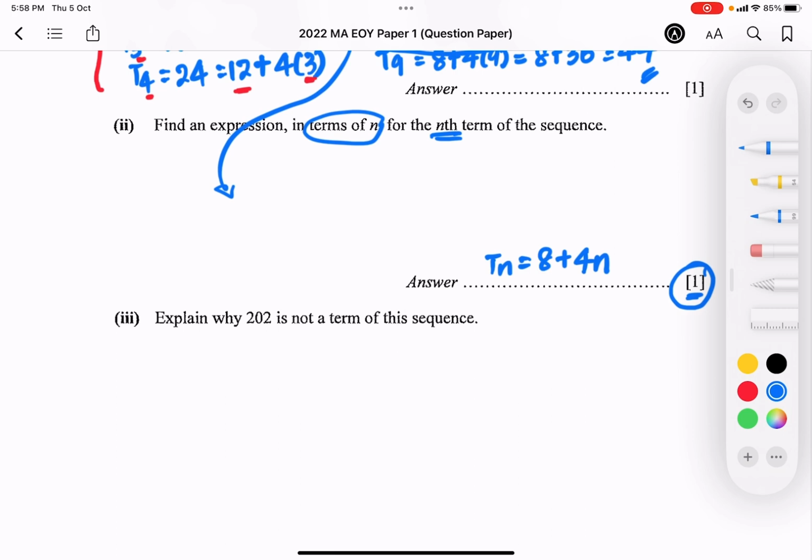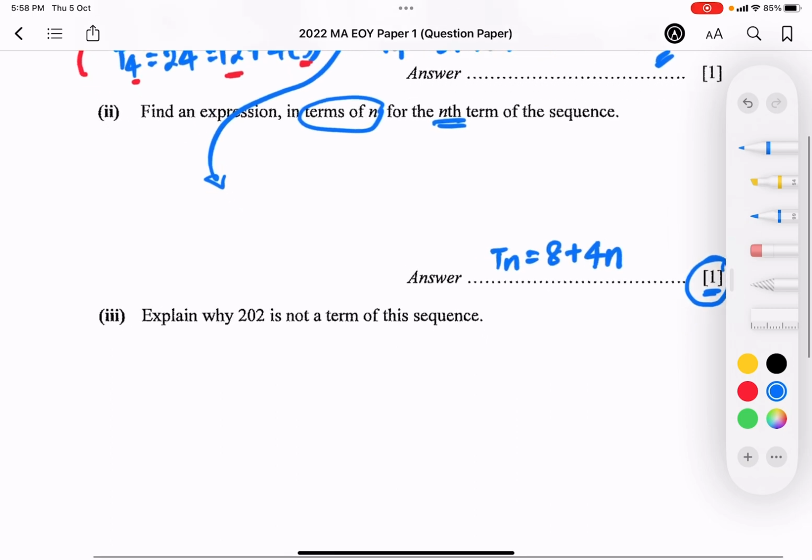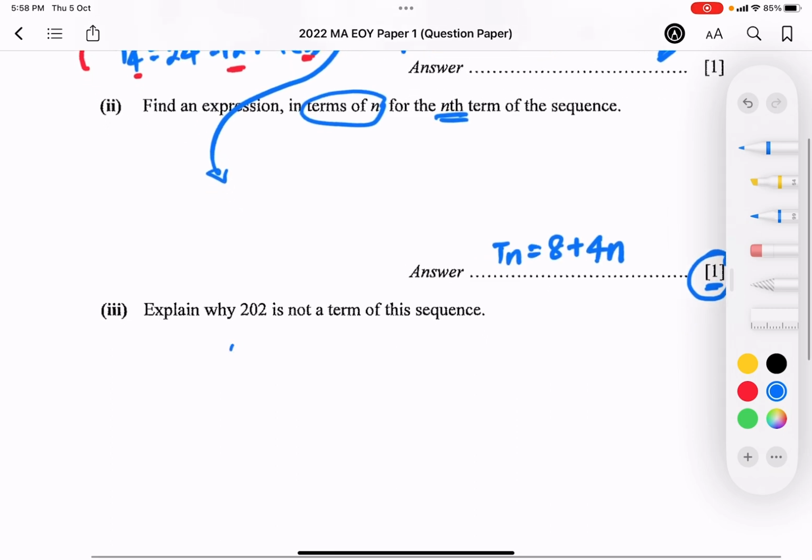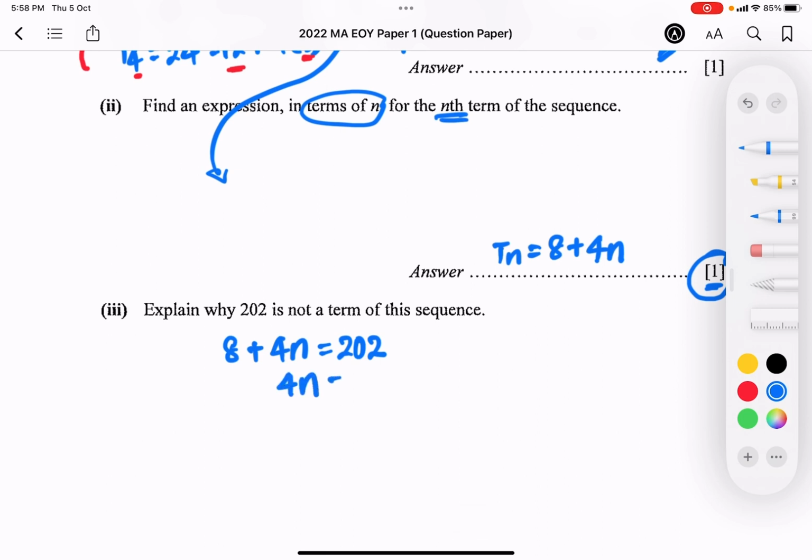Now, if 202 is a term of this sequence, it means that at one point, one of the n's will give us 202. And we all know that n must be an integer because it is the term number, the position. So now let's try and see whether we can solve for n and what it will give us.